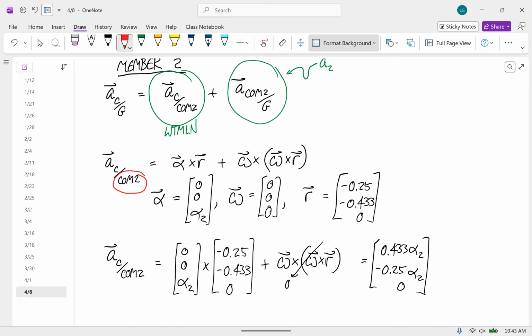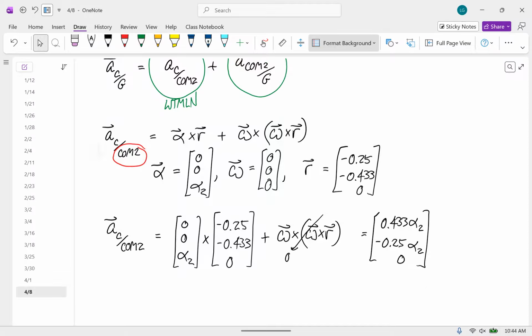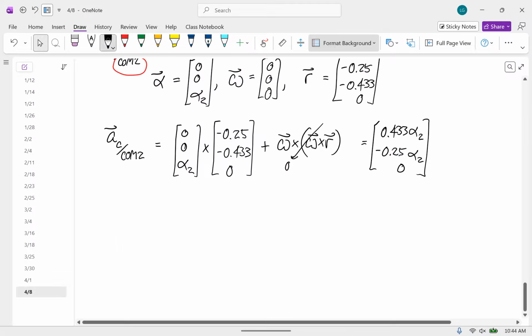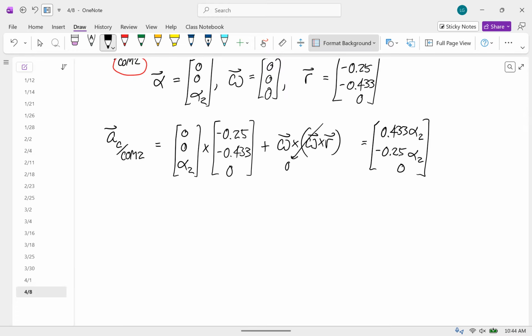But yeah, the too long didn't read version is if you have it written out in relative motion, what you're doing it relative to is the center of your circular motion. Okay. So this is the acceleration of C relative to the center of mass of 2.